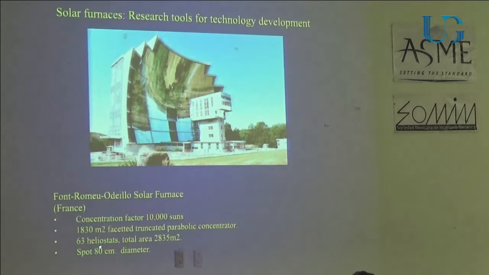There are 62 heliostats with a total area of about 3,000 square meters. And now the spot is 80 centimeters in diameter. So it would be something like so. Okay? So this is the largest solar energy concentrator.